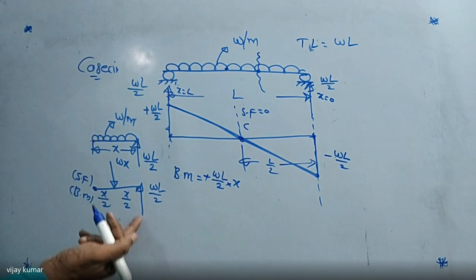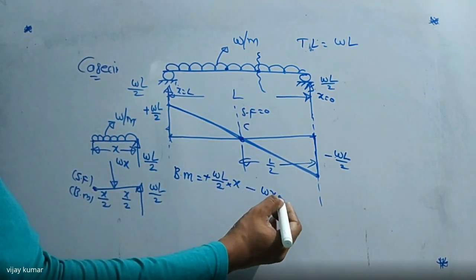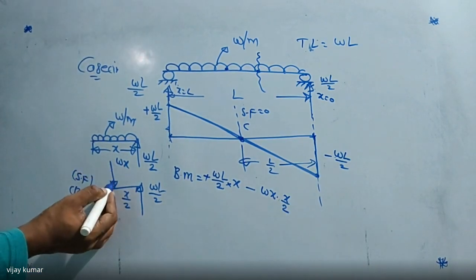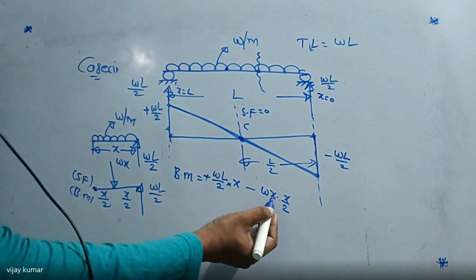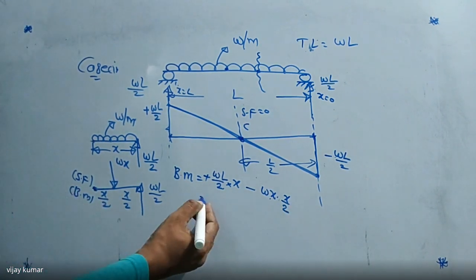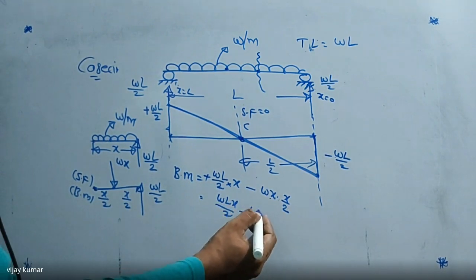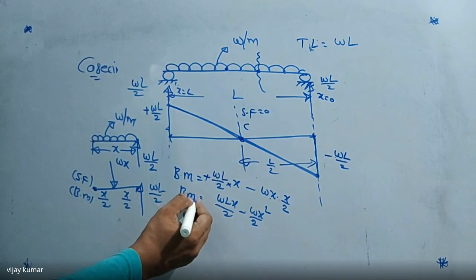Why? Because it is moving upward. And what is this one? W into x by 2. This is Wx, which is moving in the downward direction. This distance is nothing but x by 2. Then we are getting Wx into x by 2. Then we are getting WLx by 2 minus Wx square by 2. This is the equation of bending moment.